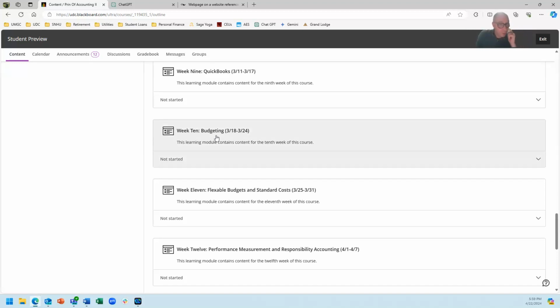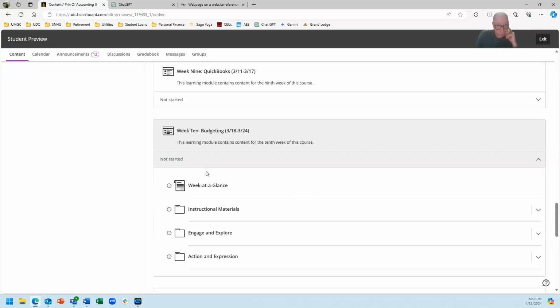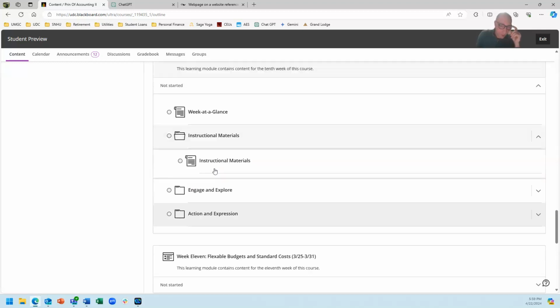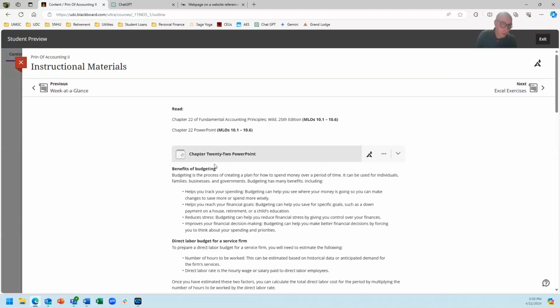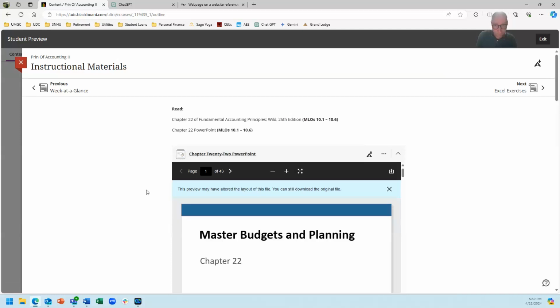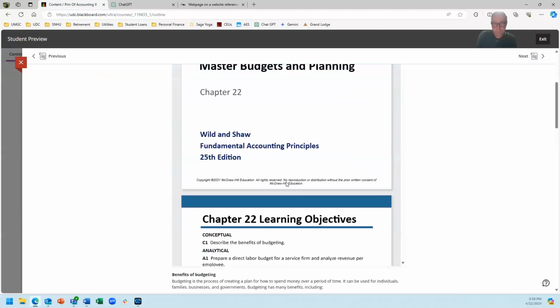Go back to chapter 22, which was on budgeting in week 10. In week 10, under instructional materials, you're going to find the chapter 22 PowerPoint on budgeting.